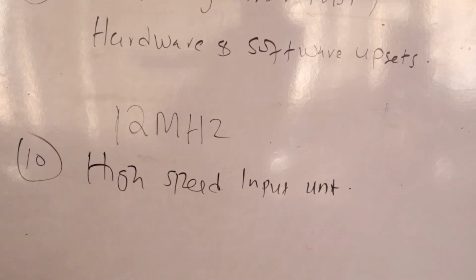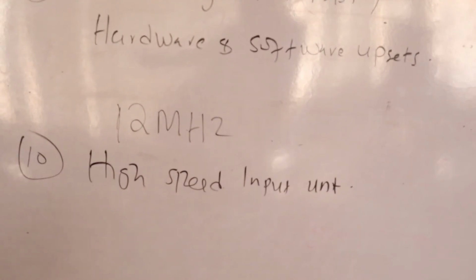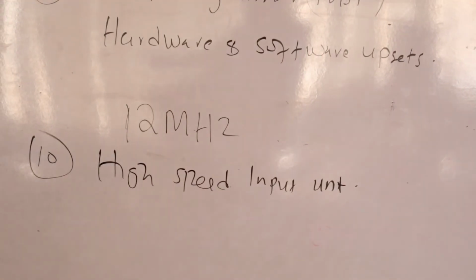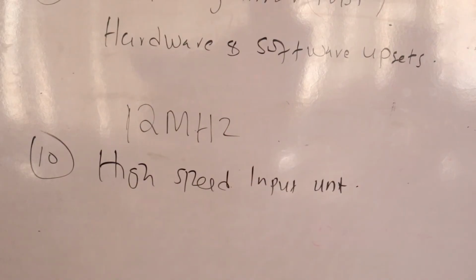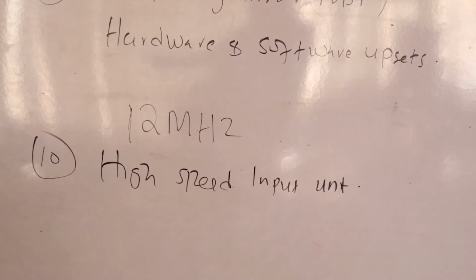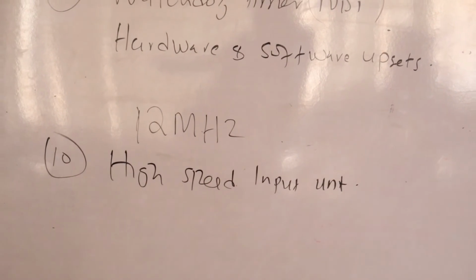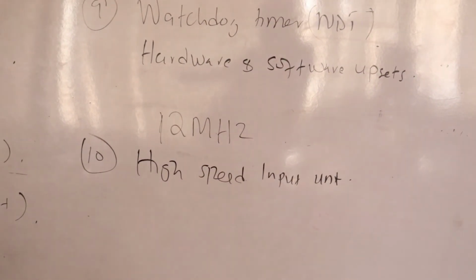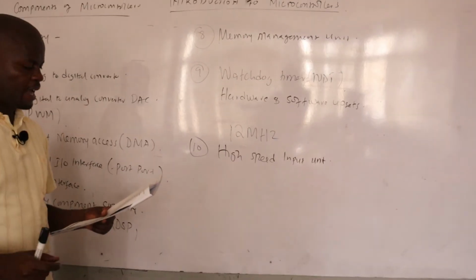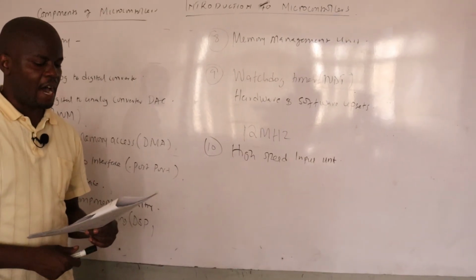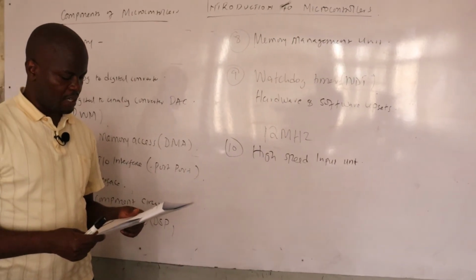The high-speed output unit provides automatic triggering of events and real-time interrupts. So that is basically what it does. One of them is that it provides automatic recording of events, and also it provides automatic triggering of events and real-time interrupts.